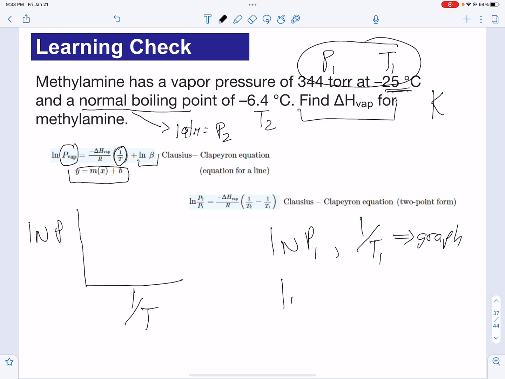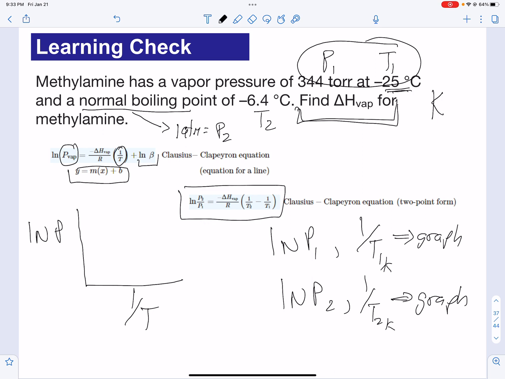Then you find ln P2, and you find 1 over T2. Make sure that's Kelvin. You put that on the graph, and then draw the line, find the slope, and you found delta H of vaporization. So you can do it like that, or you can use this formula by plugging the numbers in.